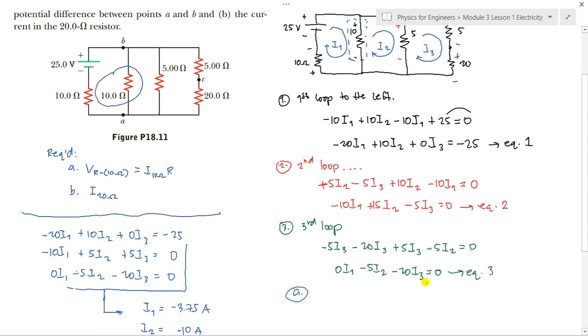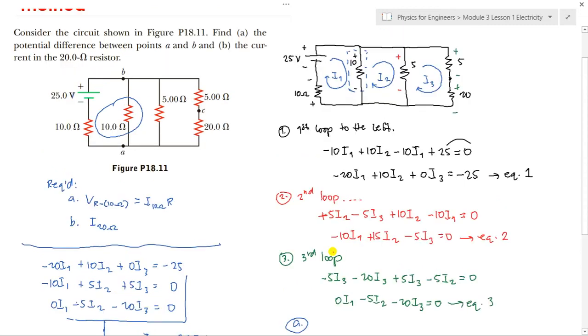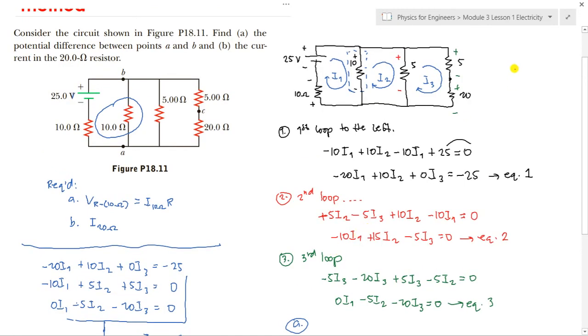This one is actually for I3. As you notice in I3, it is 5 then 20.